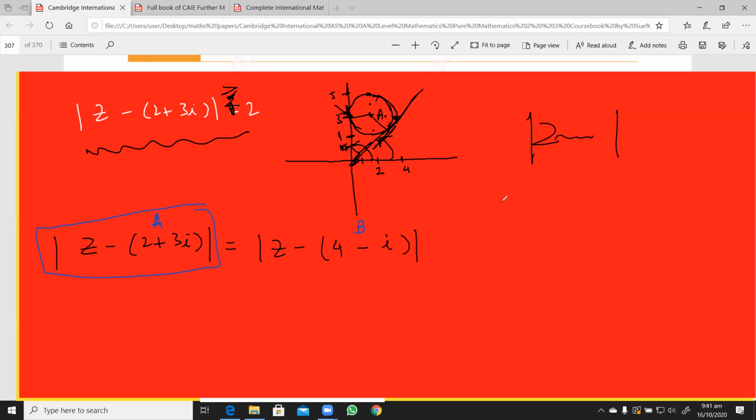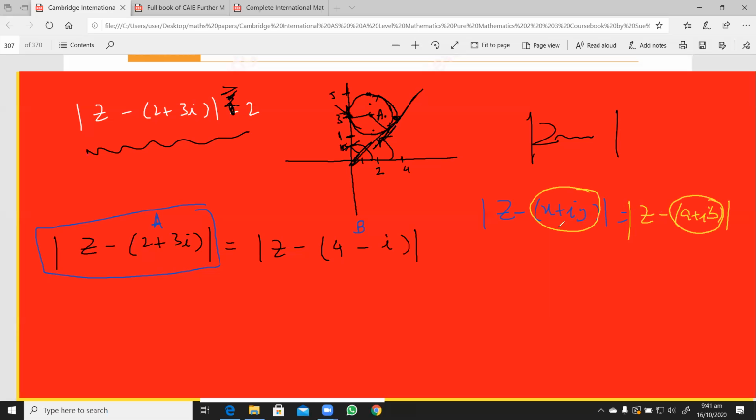So whenever you see that there is modulus of z minus x plus iota y, I should change the color because people can see this, equal to modulus of z minus a plus iota b, that means the locus of z is the perpendicular bisector of the points representing these two complex numbers.